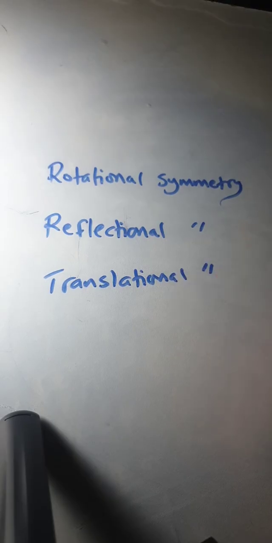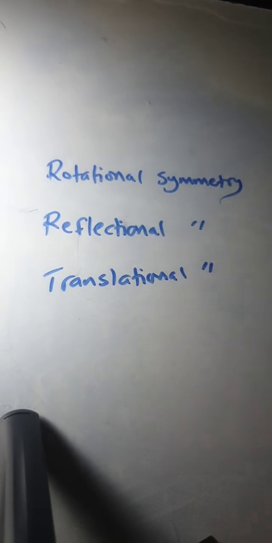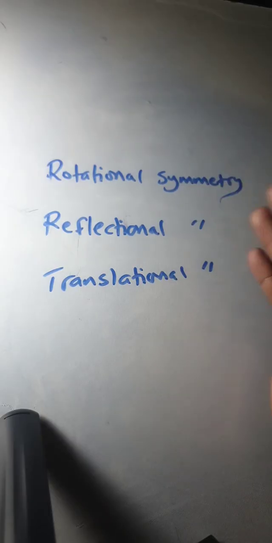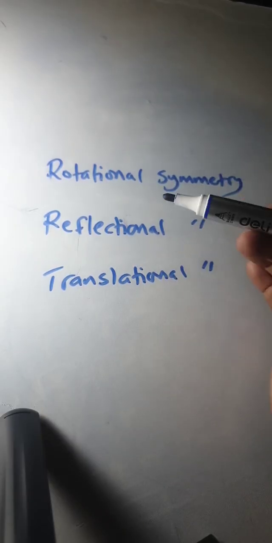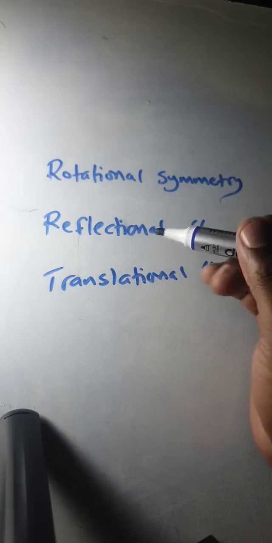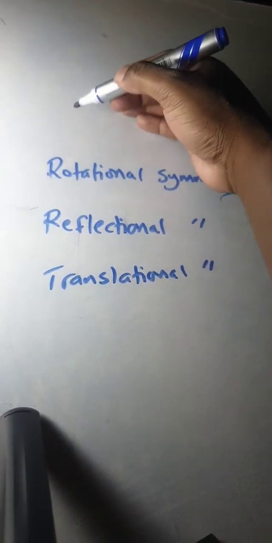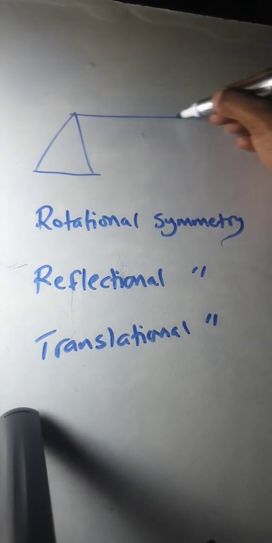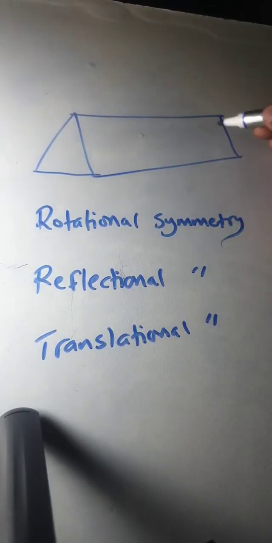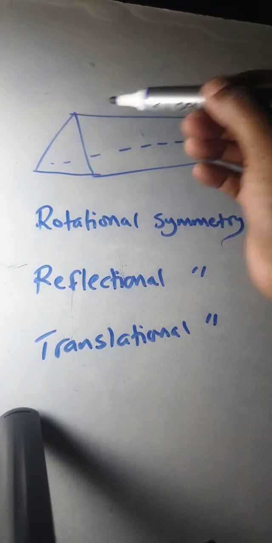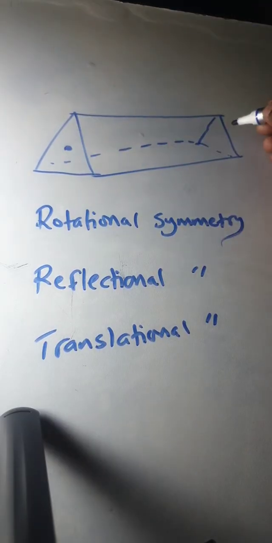Under rotational symmetry, since it's a triangular prism, you talk about how it will rotate. The prism can be rotated around its axis, through the center.